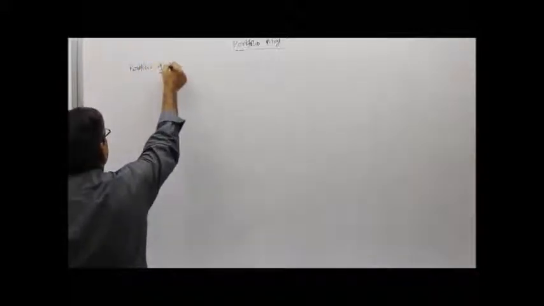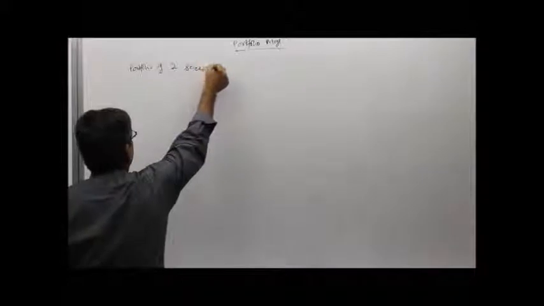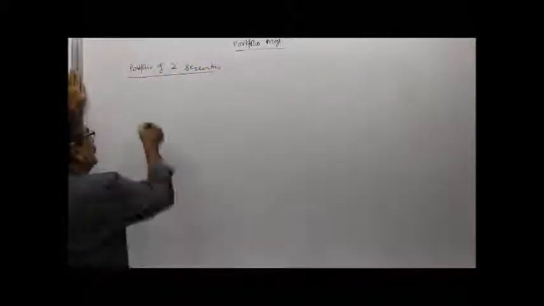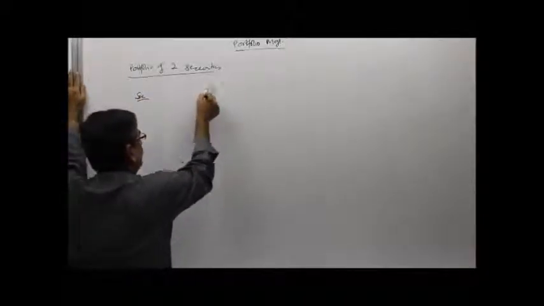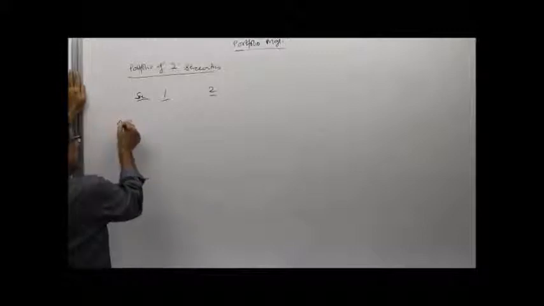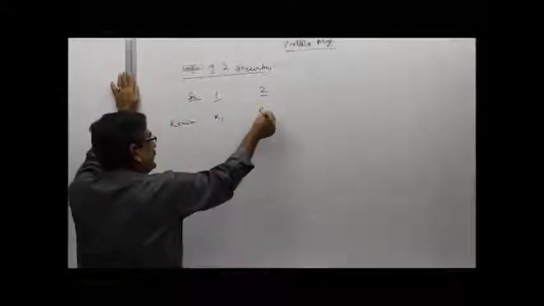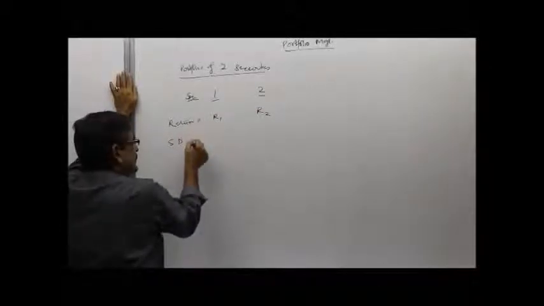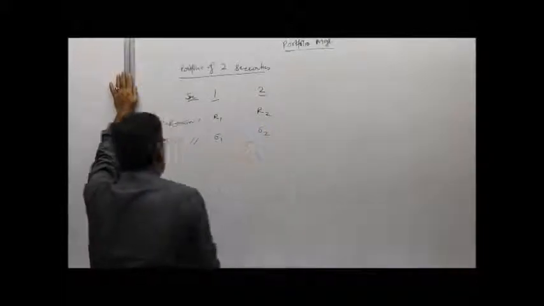So we start with a portfolio of 2 securities. Let's say we call this security number 1, security number 2. The return for security 1 is R1, and for security 2 is R2. The standard deviation, also in percentage, is sigma 1 and sigma 2.